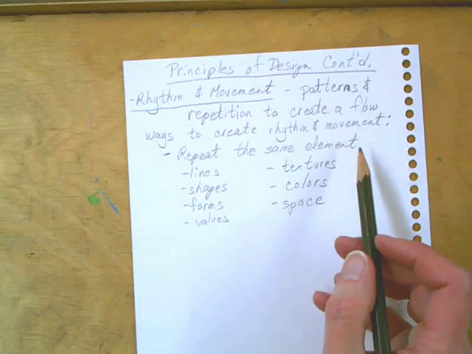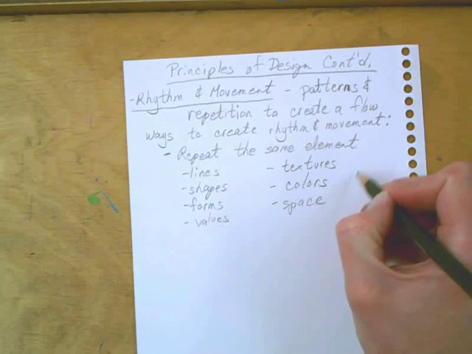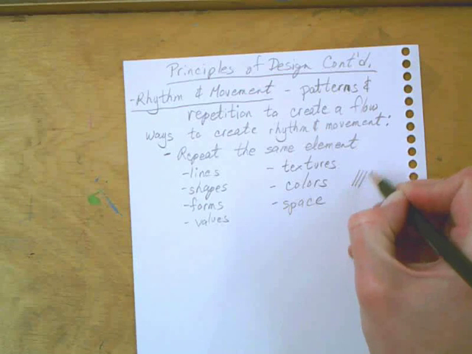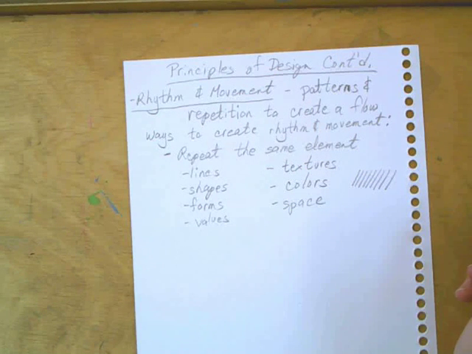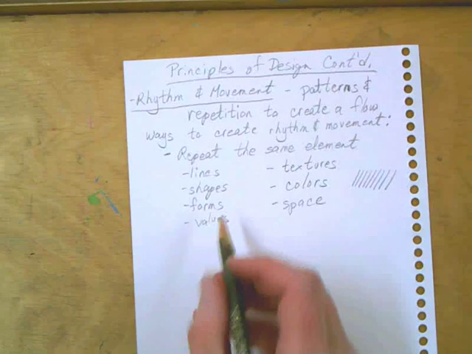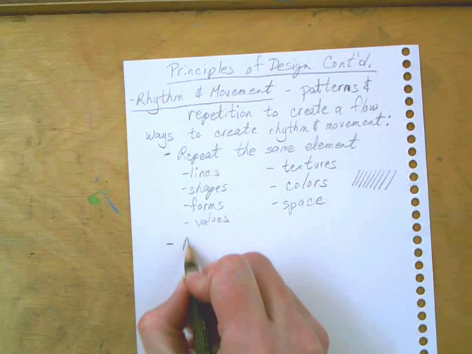Repeat the same thing over and over again. So it's a pattern of one thing. So maybe you repeat the lines. I'm just repeating that line over and over again. Okay? So that's one way to create rhythm and movement.